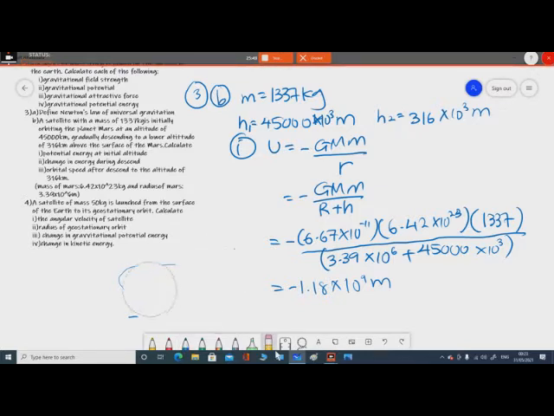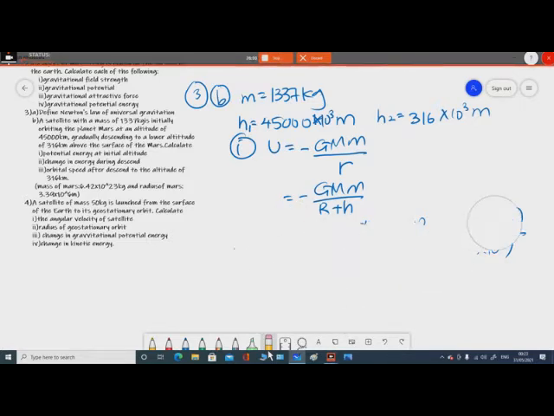Okay, so let's move to the second part. So the change in energy during descent. Okay, so let me erase this one.